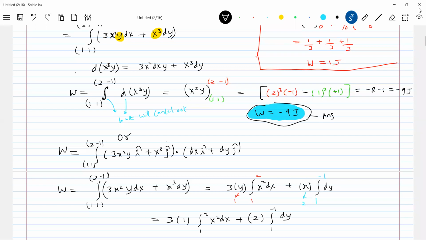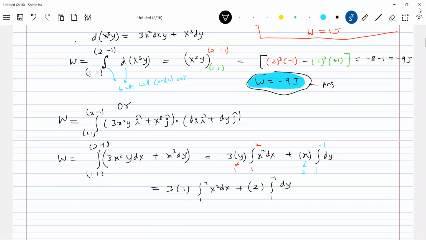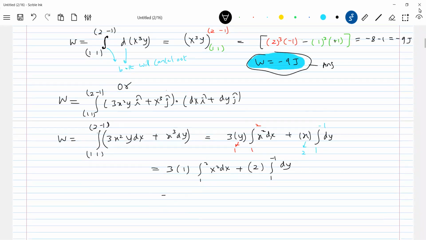This is actually the meaning of that. Okay, this will be 3. This will become x cubed by 3. 2. Integral, this will be y. 1 minus 1. 3 gets cancelled, so this will become 9.